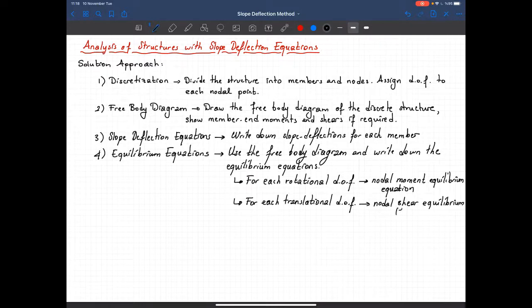You can just say that it's not a moment, but you will be looking for a force equilibrium equation at each node. Okay, so basically for each degree of freedom we will be looking for an equilibrium equation at that node. All right, and of course the fifth step, solution.